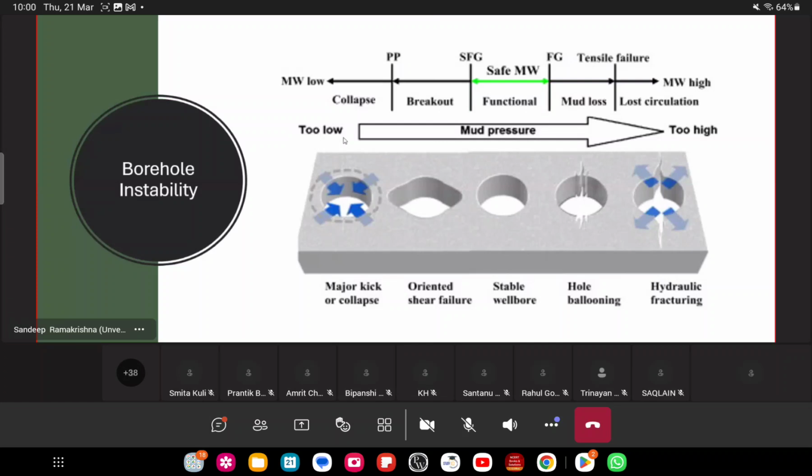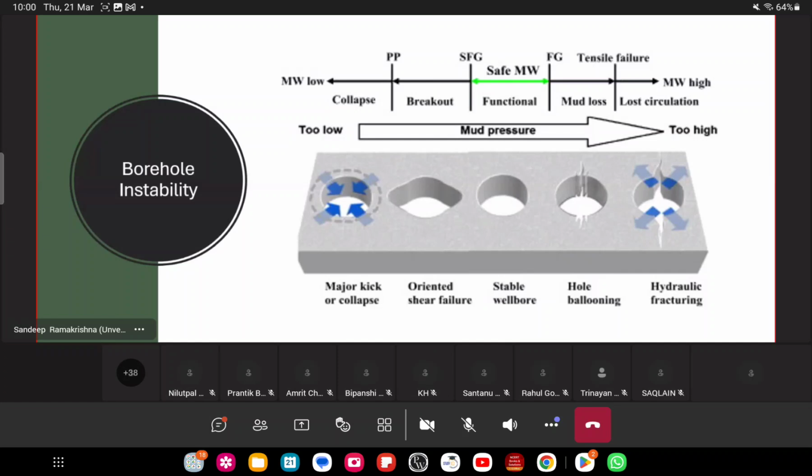Obviously, if the mud weight is too high, you're going to frack into the formation. If you're greater than the formation fracture gradient or the formation fracture pressure, that's how the process of hydraulic fracturing works, right? I'm sure some of you who have already taken those classes have studied that.